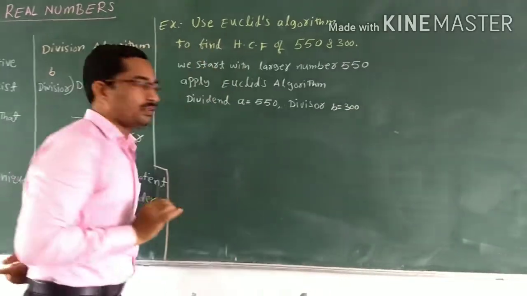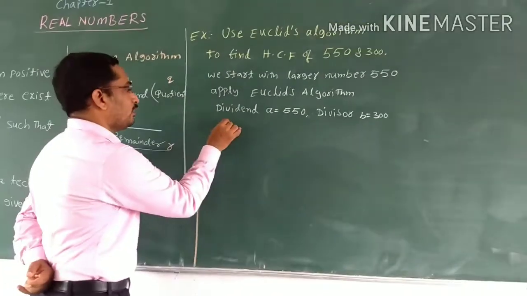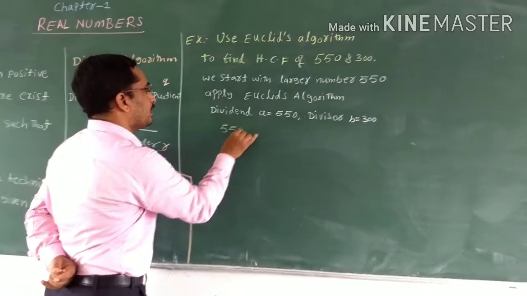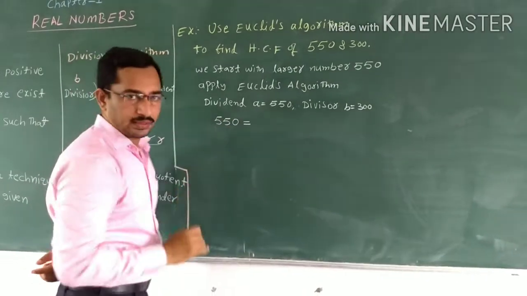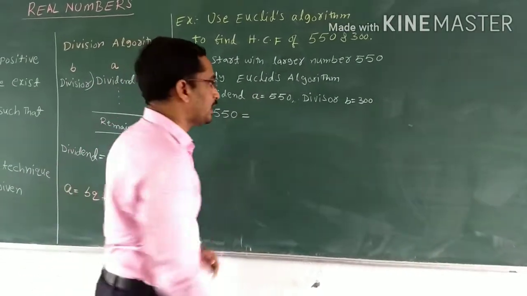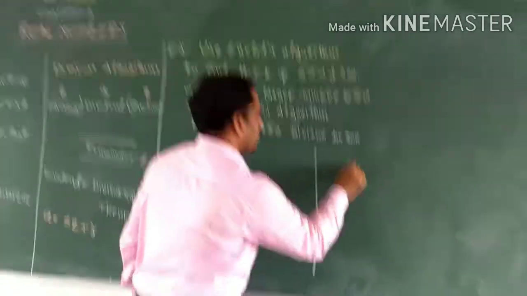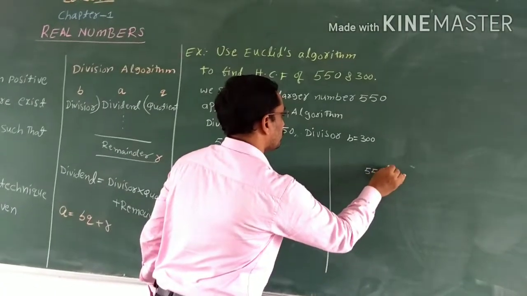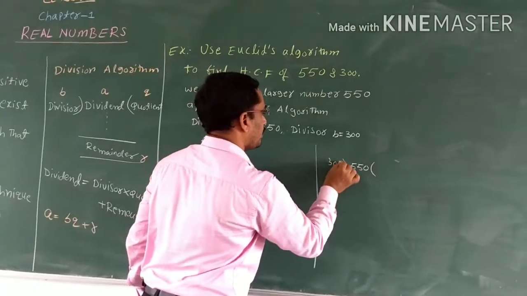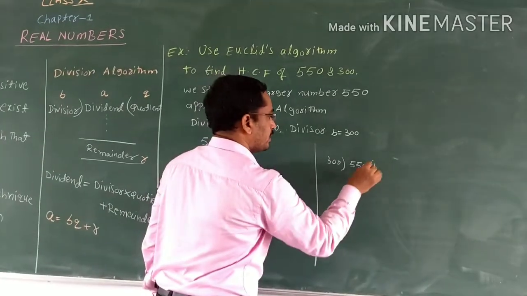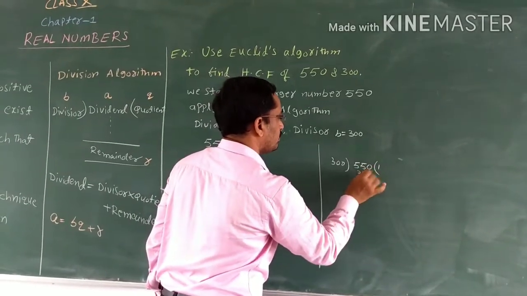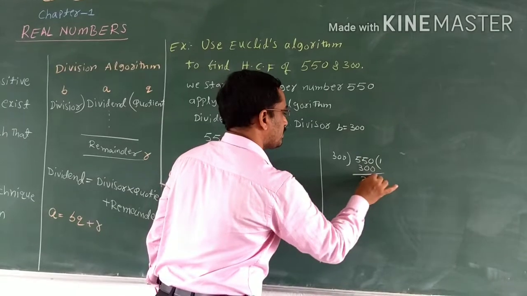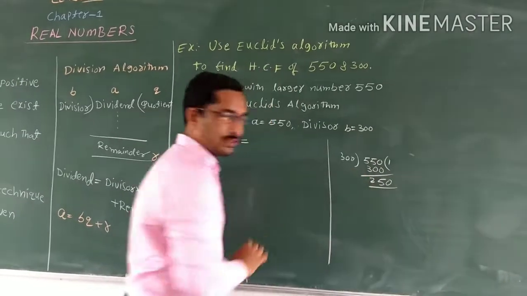Now we have to express 550 in terms of 300. Here we are applying the division method. Divide 550 by 300. 300 ones are 300. The remainder is 250.